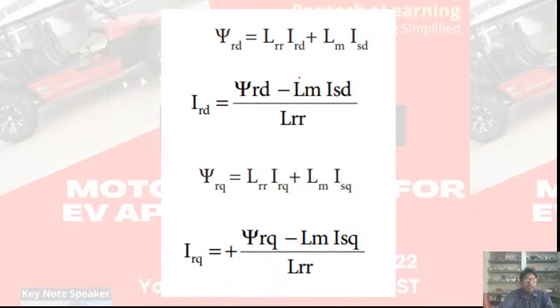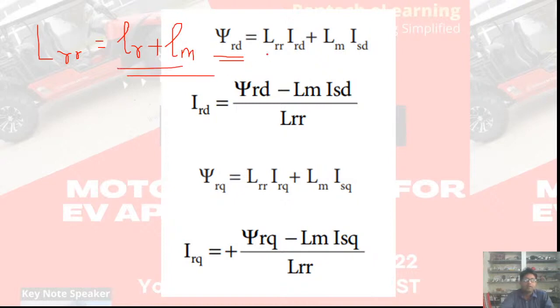So now similarly, the rotor direct axis flux is nothing but LRR. Again, this LRR means rotor self inductance plus the mutual inductance, which is coming from the stator side. So that's why I have written LRR IRD plus LM ISD.